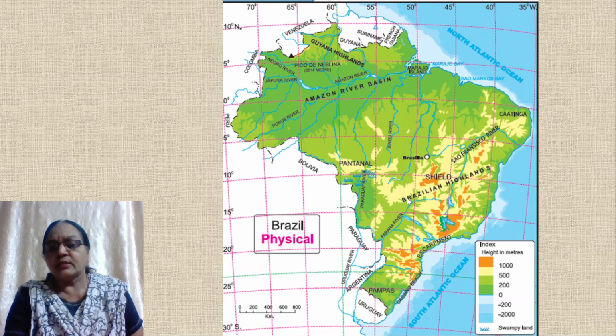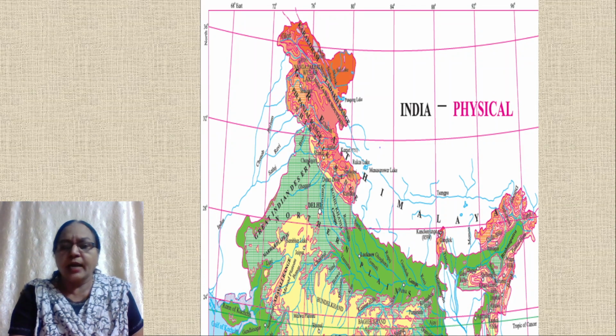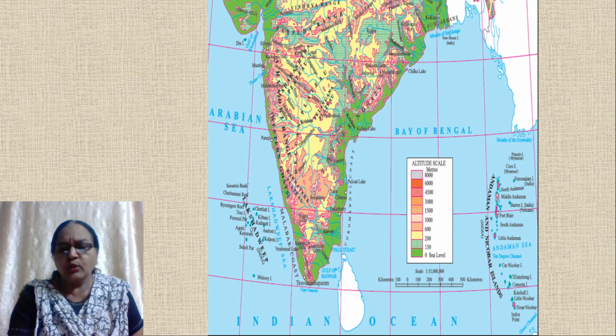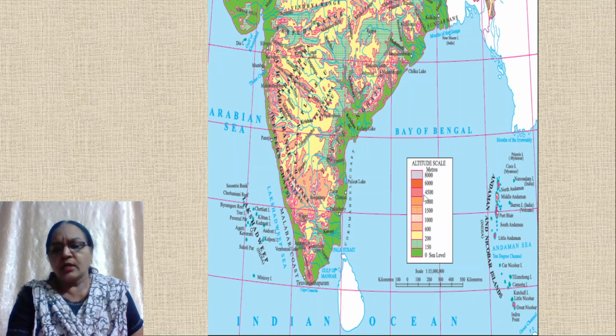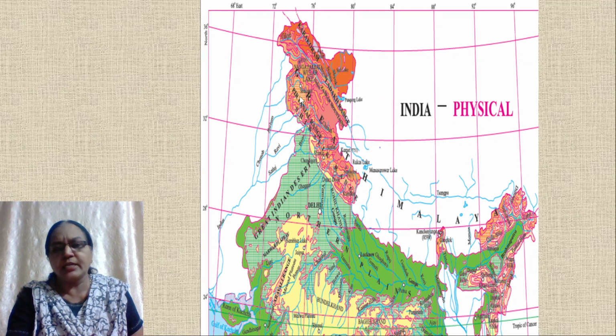You find this usually in the southern part as well as the eastern part of Brazil. But in India, you find the highest altitude, as I told you, in the orange color and there is a gray color here, and you will find that we have it towards the north of India, children.